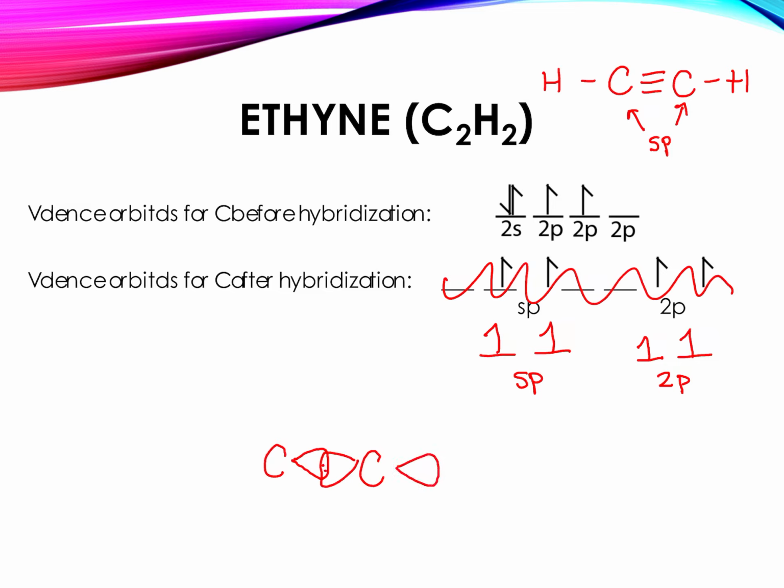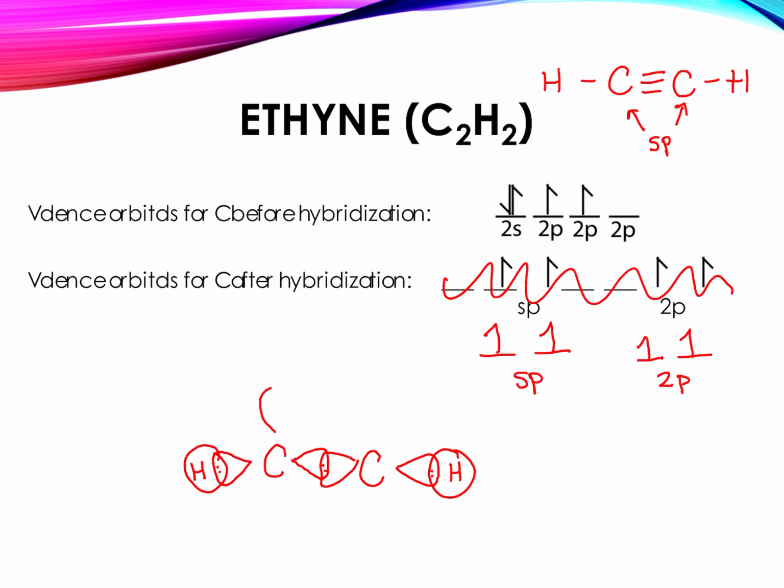And here's our other sp that's going to make the sigma bonds with hydrogen. So there's our sp orbitals. Now we need to draw our 2p orbitals. Each carbon is going to have 2 2p's.